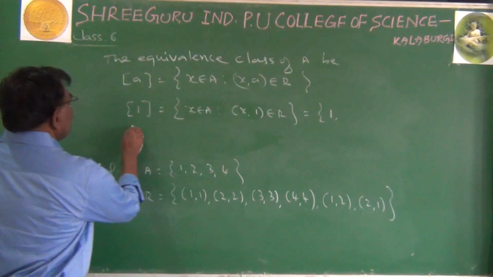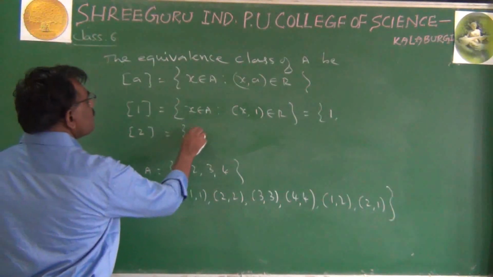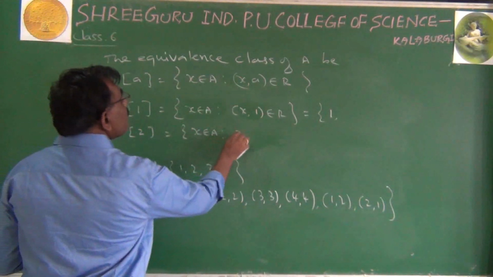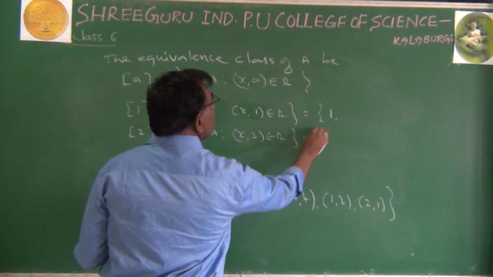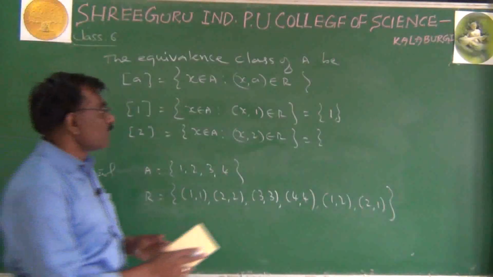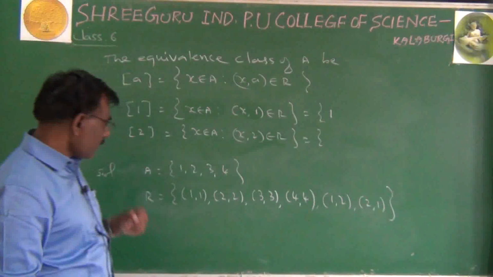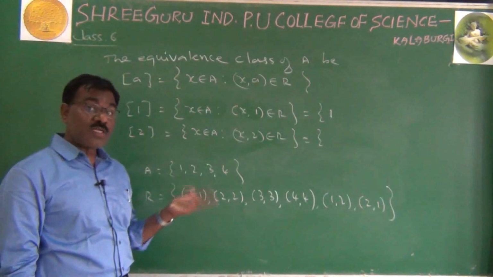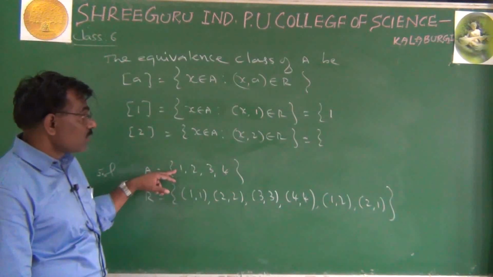Next, equivalence class of 2. X belongs to A, (X, 2) belongs to R. This is only one set. You have to check not only this one, the equivalence class of set is asked. What is the equivalence class of 1?